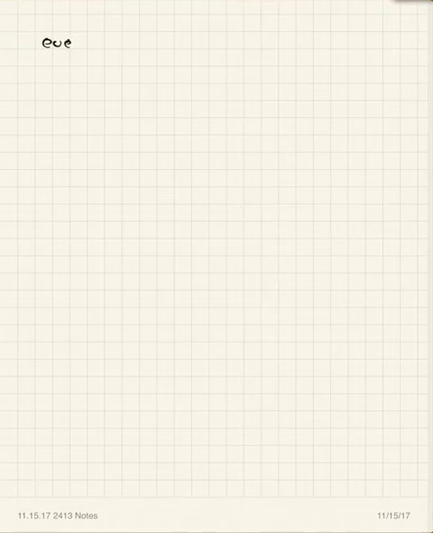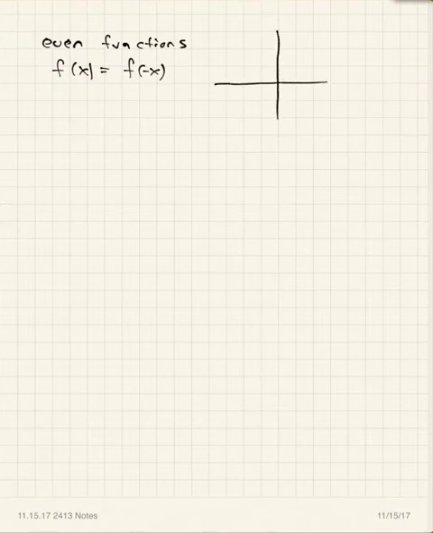Now, even functions, don't forget, are functions where f of x and f of negative x are the same thing. In terms of a graph, it means that the graph is symmetric with respect to the y-axis.